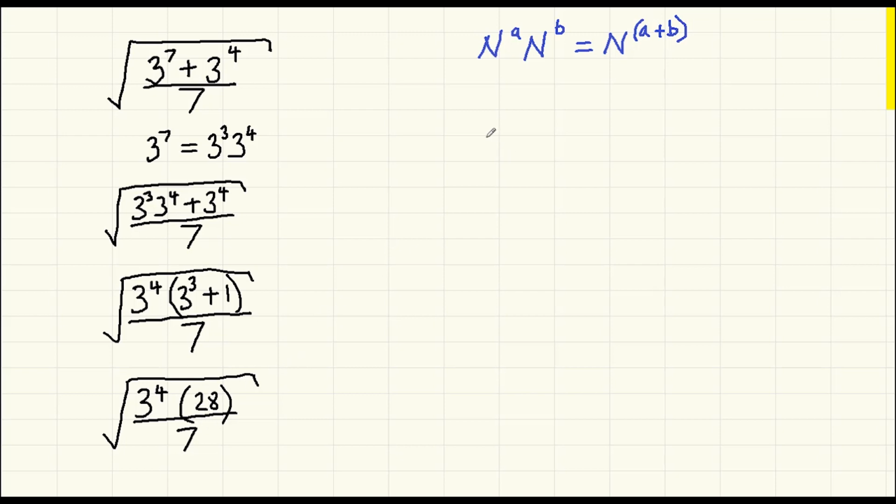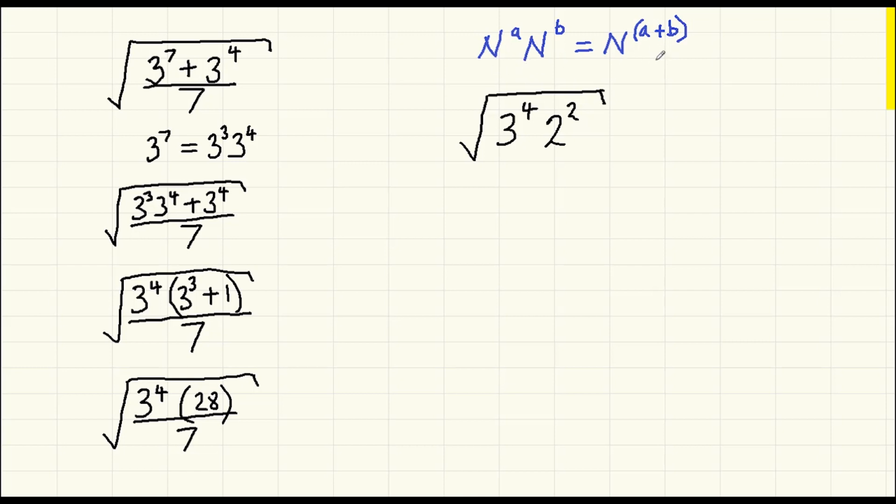So this now equals the square root of 3 to the 4 multiplied by 2 to the 2.